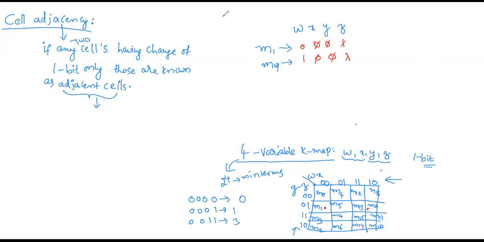So there is only one bit change. Same, differ. So differ means one bit change. If only one bit is differing, these two are adjacent cells.